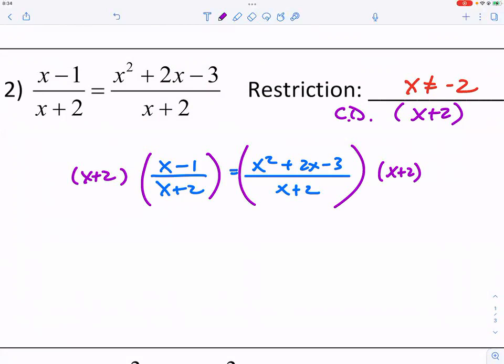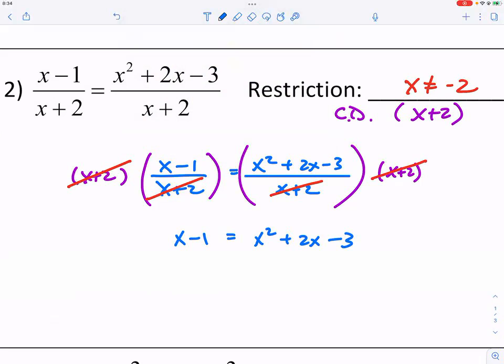So that's the idea behind multiplying by the common denominator. In this case, the x plus 2 are gone. So we have x minus 1 on the left, x squared plus 2x minus 3 on the right.